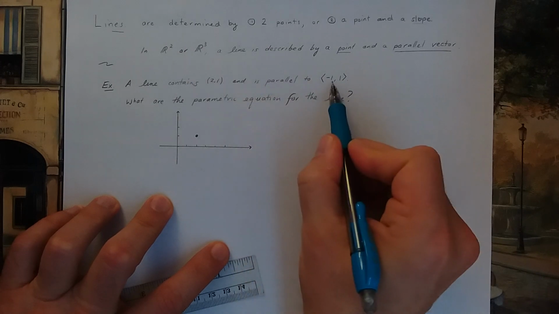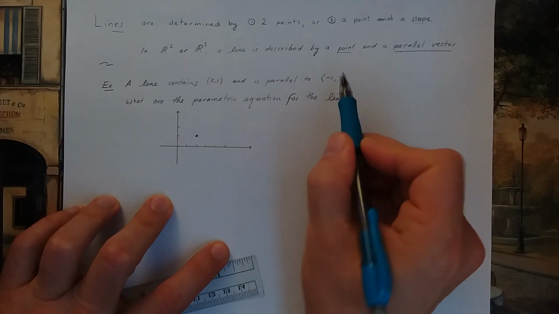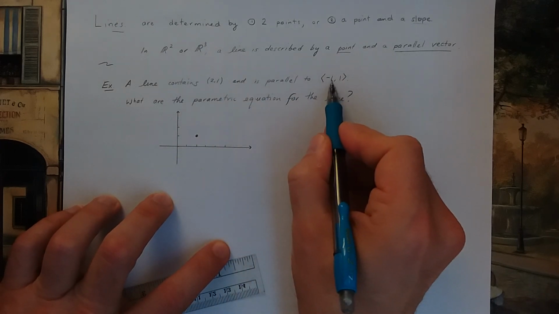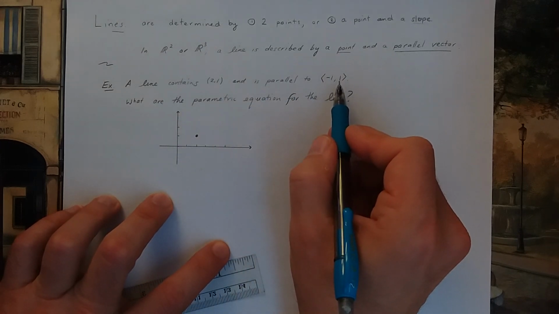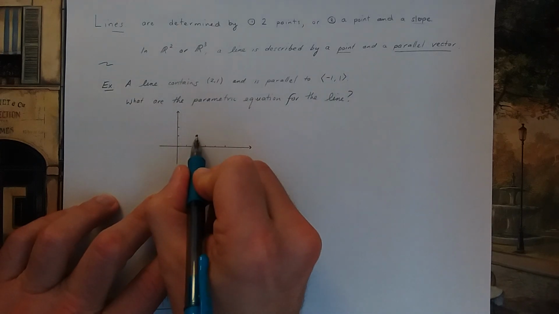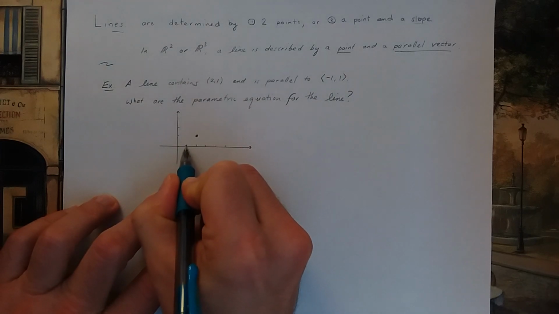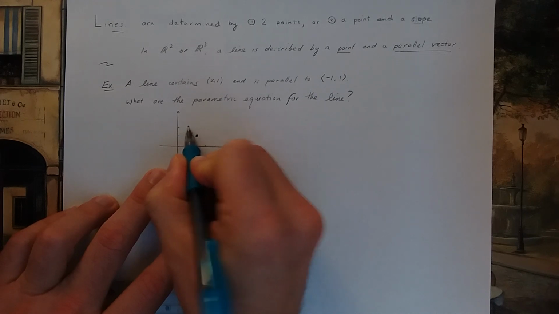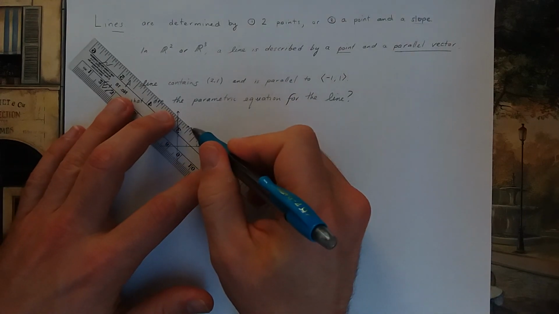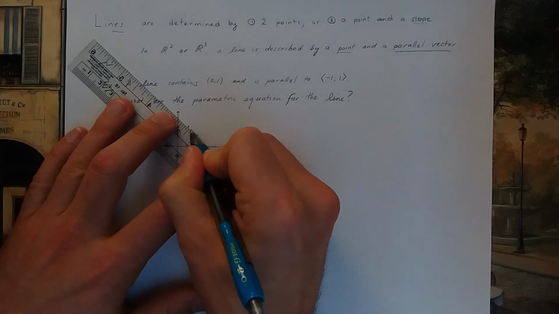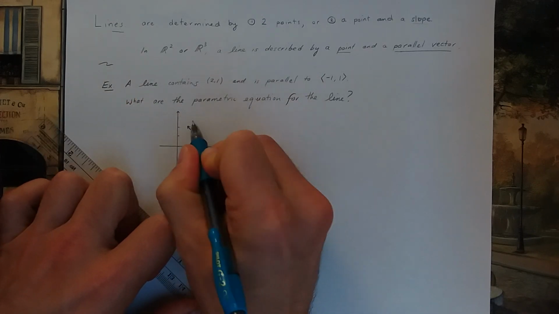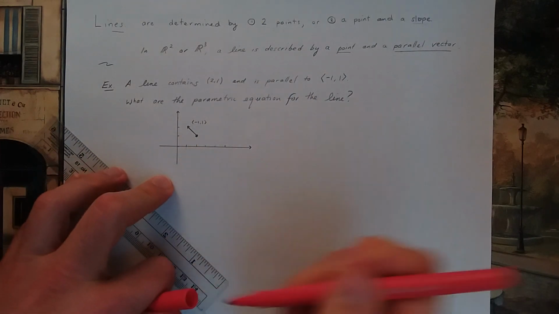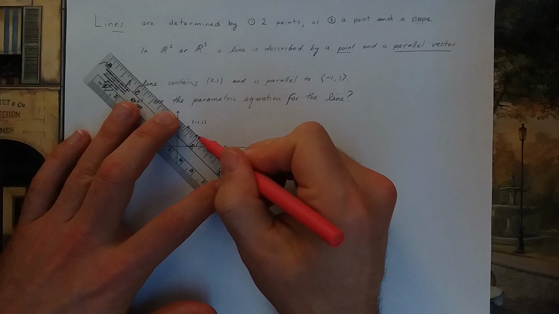And the line is parallel to the vector negative 1, 1. So let's say I'm at this point, 2, 1, and then if I draw the vector negative 1, 1, that means I go one step backwards in the x direction and one step up in the y direction. So I get this vector. That's the vector negative 1, 1. So the line that I'm actually interested in is this one.